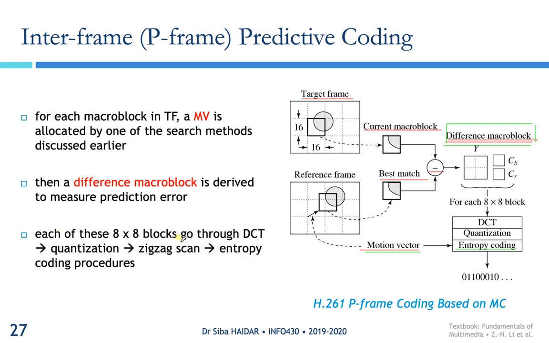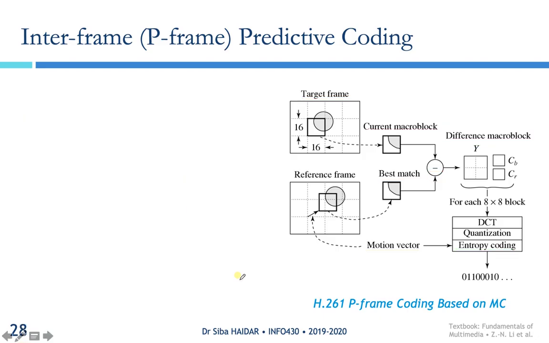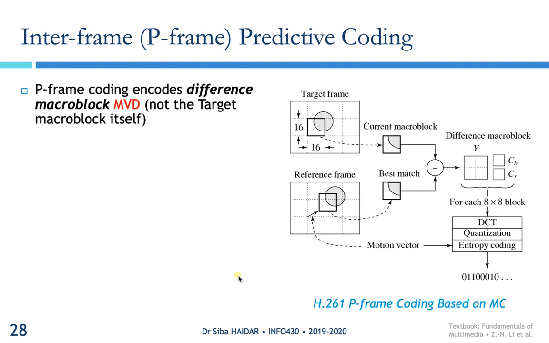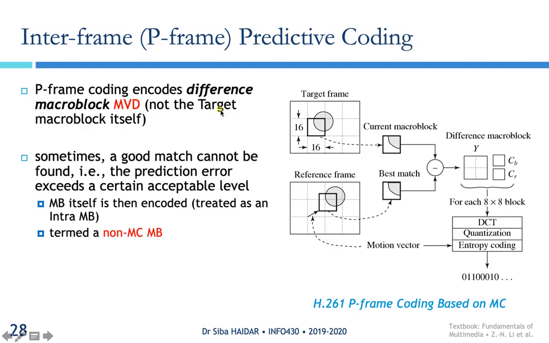Each of these 8 by 8 blocks goes through the DCT, quantization, zigzag scan, and entropy coding procedures. Next, the P-frame coding encodes the difference macro block. We say here MVD, not MV, not the difference macro block, not the target macro block itself.